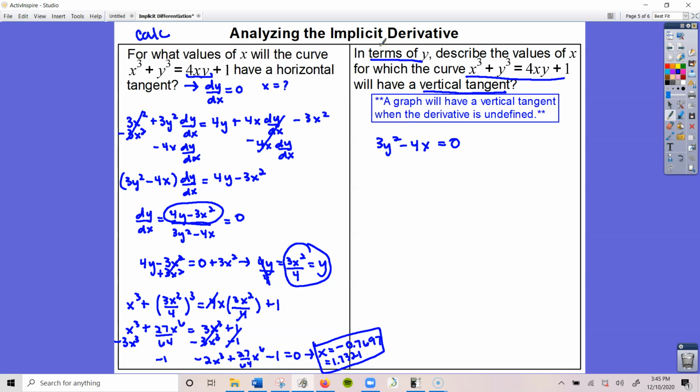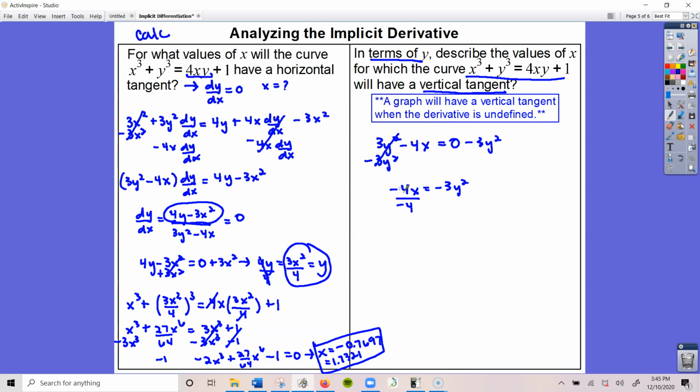And now since it says, in terms of y, describe the values of x, that means that we are going to solve for x. Whenever you see that wording, in terms of y, that means that the answer will have y in it. So we're going to solve for x. So we would subtract this 3y squared. And we have negative 4x is equal to negative 3y squared.